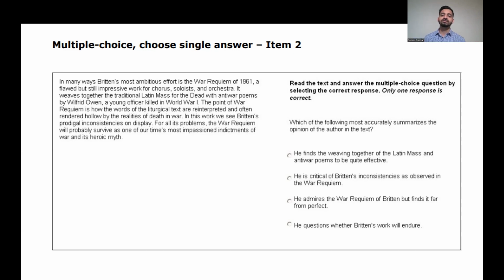But when it says it's quite effective, it doesn't really mention anything about how effective it is. So it doesn't point out anything about the effectiveness of this connection. So I'm going to say it's somewhat correct, but it's not fully correct. So I'm going to eliminate that for now.